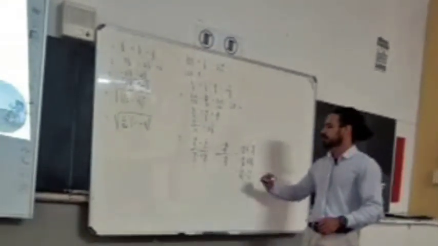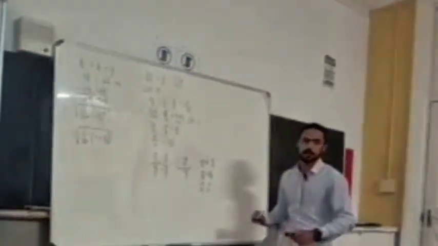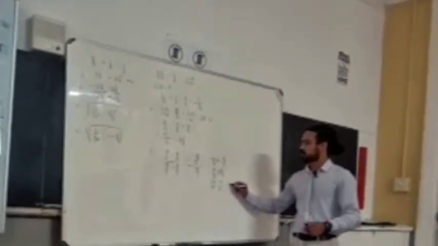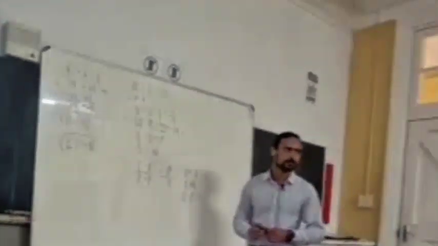That negative and that negative cancel out, so I have the 9 over 4, and I can rewrite this as 2 and a quarter. That's my final answer.